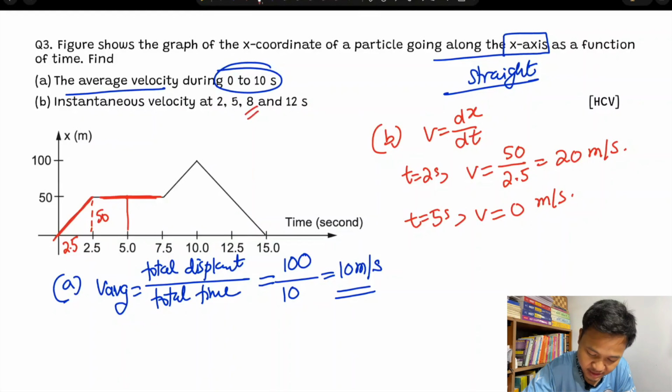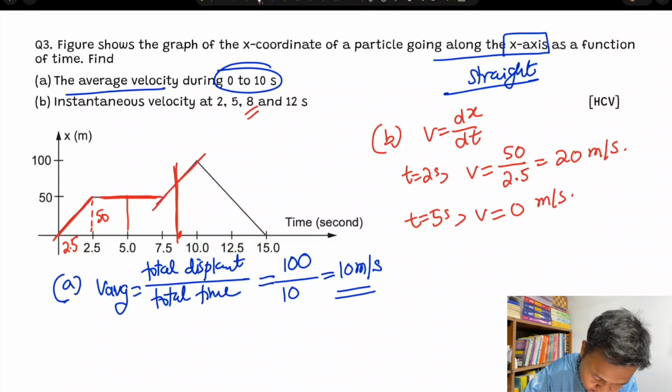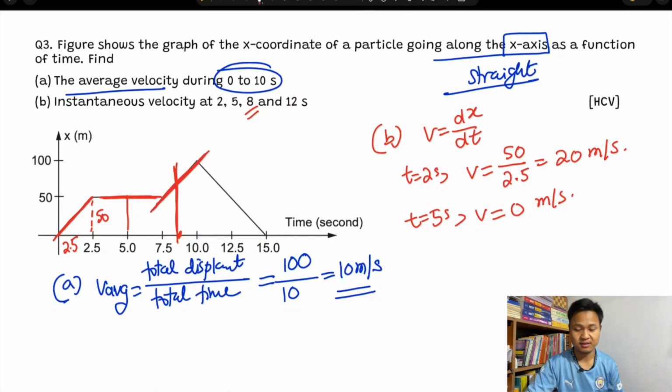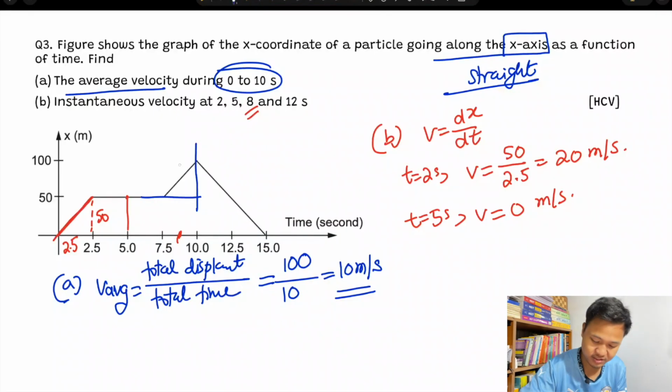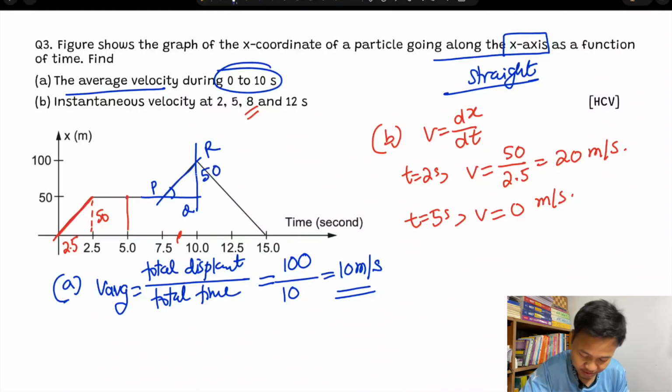Now take 8 seconds. 8 seconds is somewhere here. Okay, so now this line. It's a line, so now you see you have some slope again. I'll just use a different color. Okay, so in this triangle PQR, QR here is 50, PQ here is 2.5.